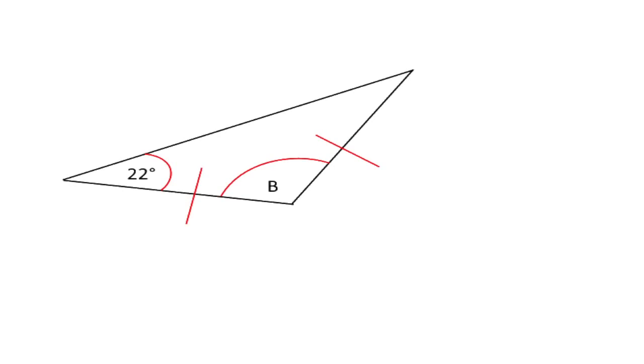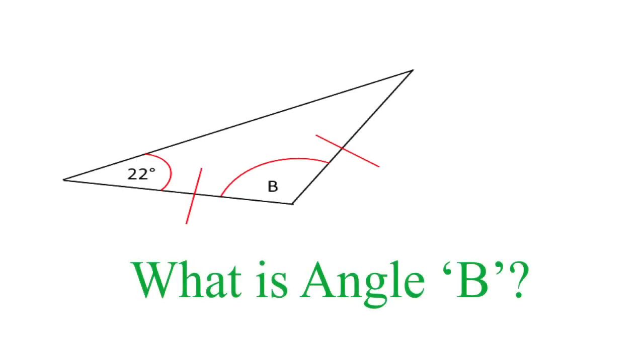Okay, let's try our next question. Can you guess the angle B? What's the angle B? Well, something we always need to remember is that all 3 angles in a triangle add up to 180 degrees. So we can actually write this down when we get a problem like this.